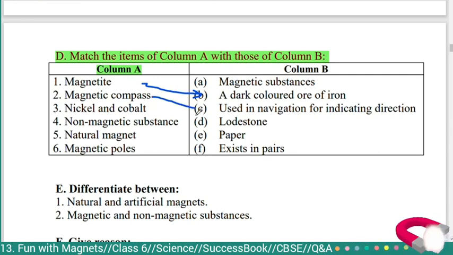Magnetic compass is used in navigation for indicating direction. Nickel and cobalt are magnetic substances. Non-magnetic substance is paper. Natural magnet, lodestone. Magnetic poles exist in pairs.